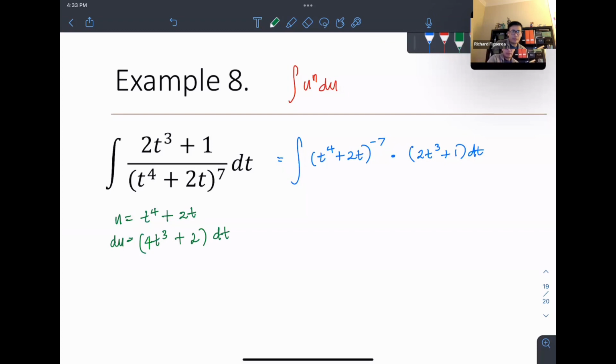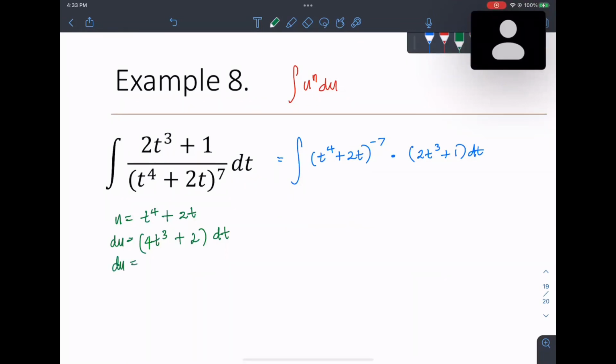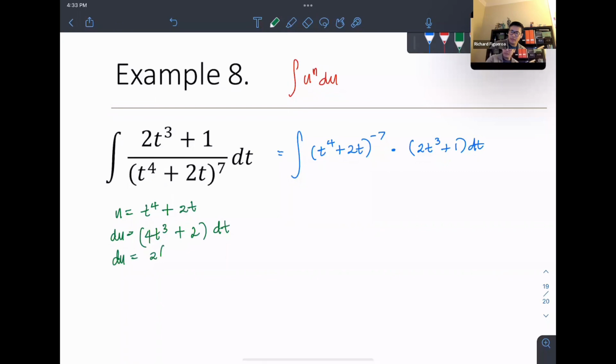They're not, obviously. But can we make the variable at least the same? Yes po. Okay, what are we going to do? Factor out 2 po. So we factor out 2. So this one will become 2 times 2t cubed plus 1 dt.